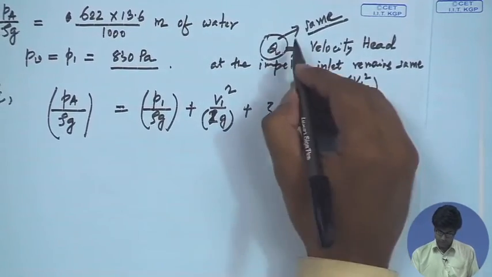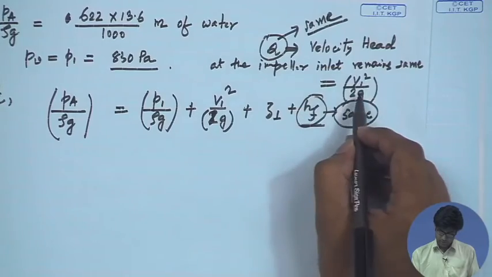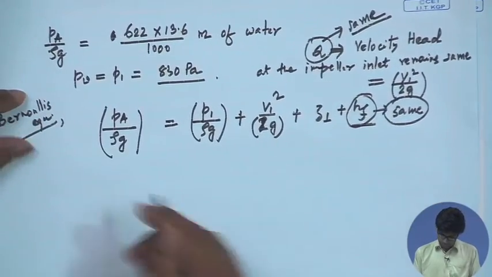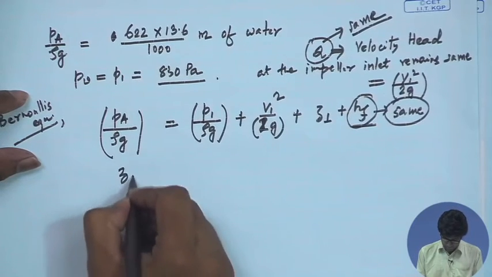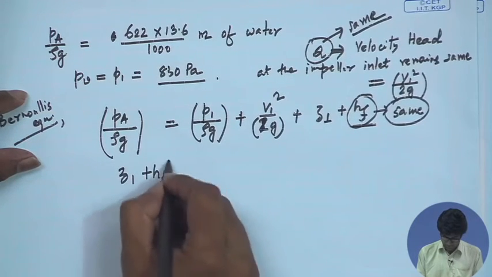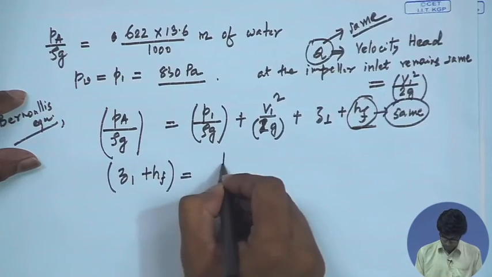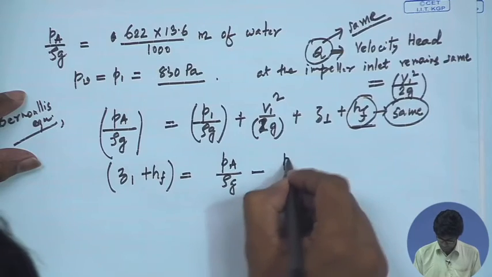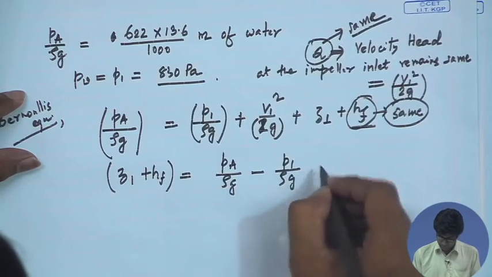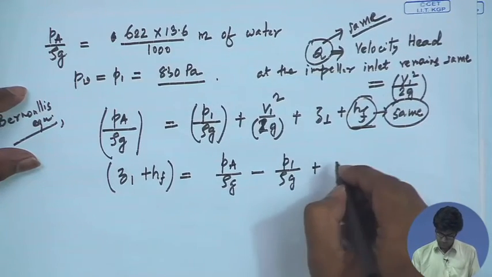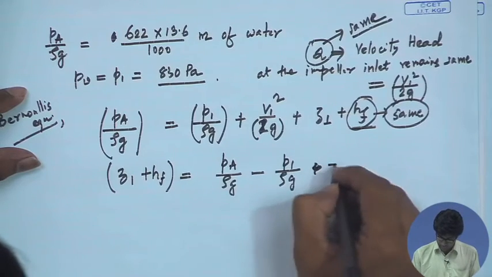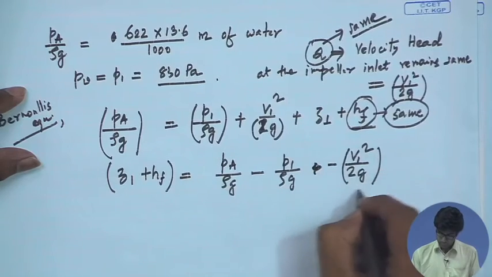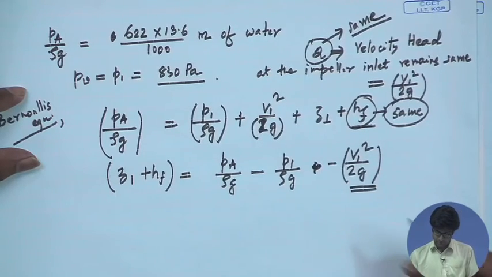So, we have the head, the discharge and the velocity head at the inlet of the impeller all the same. So, from here we find Z1 plus H_f, which is P_A by rho g minus P1 by rho g, where rho is the density of water, minus V1 square by 2g. This is the same as in the previous case.